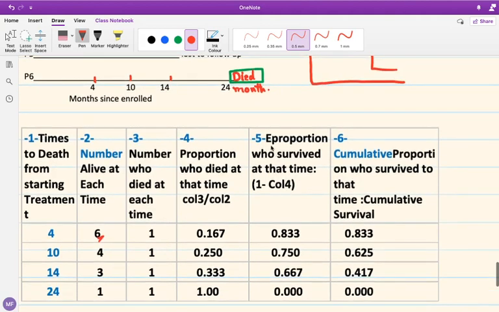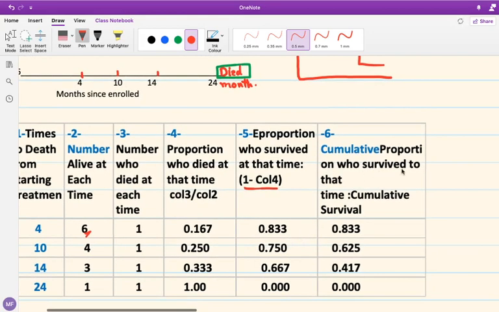Now the proportion who survived at that time. Because we are talking about survival, the calculation is pretty straightforward: 1 minus the column 4 value is equal to 0.833. And again, for the cumulative proportion who survived, we multiply this number with this one so that we can get the 2-year survival.